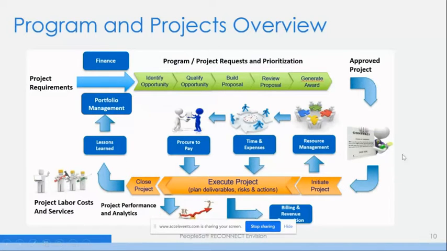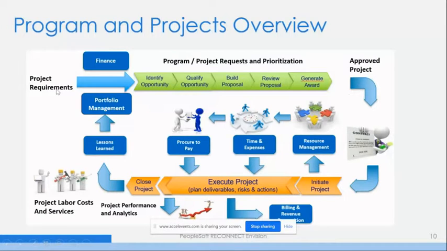So this slide is a really good overview of when we talk about program and project management and the ESA solution. This slide kind of depicts the end-to-end process. If we start from the top left corner, where project requirements are fed in, that could be project requests.